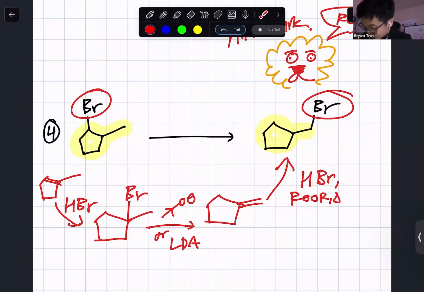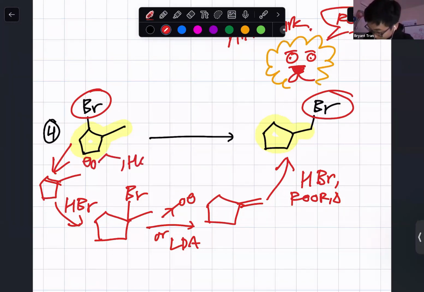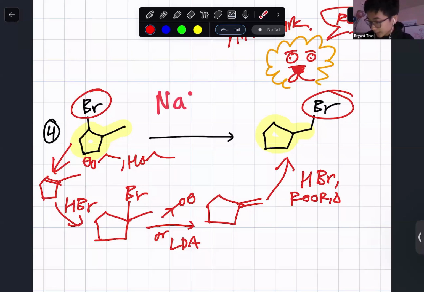Now, what reaction converts this haloalkane to this alkene right here? E2 Zaitsev, yes. And that can be a small base. Helix loves these ethoxides, so let's use what Helix loves right there. It could also be NaOH or water as well, or any small base. It could be even NaH that we talked about, NaH, DMSO.